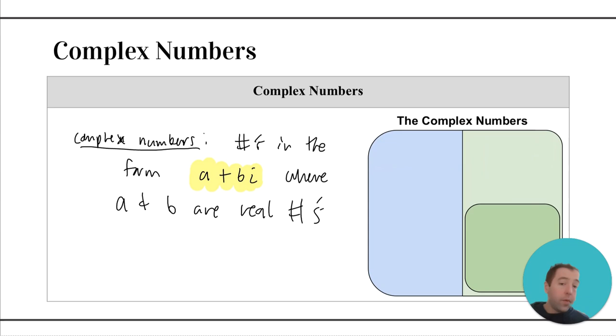So when we say that a and b are real numbers, like literally, they can be any real numbers. So a could be square root of 2, and b could be negative 5/3, right? Just real numbers, and then i, of course, is the imaginary unit.